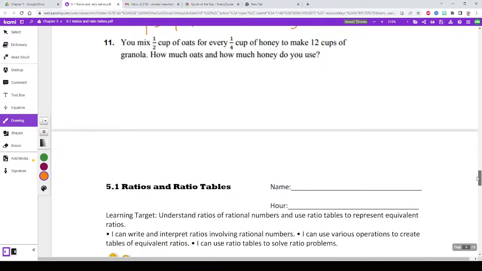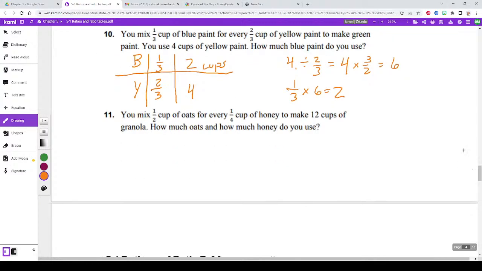The last problem here is you mix 1/2 cup of oats for every 1/4 cup of honey to make 12 cups of granola. So we want to get to 12 cups of granola. The first thing we've got to do is add these two together.